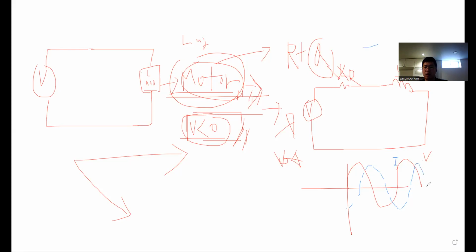So if we see peak to peak, V is faster than I, right? Peak to peak, if we compare, right? So we say this is lagging, it's behind.